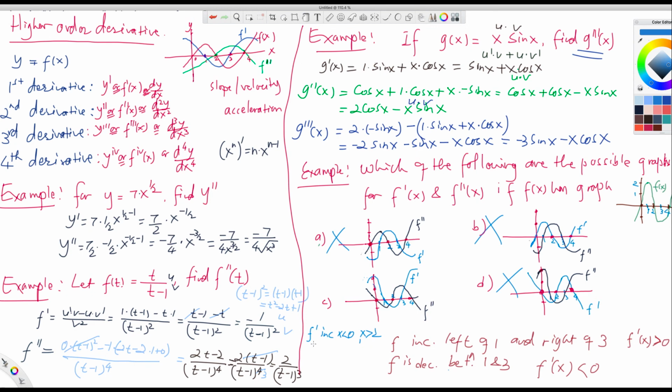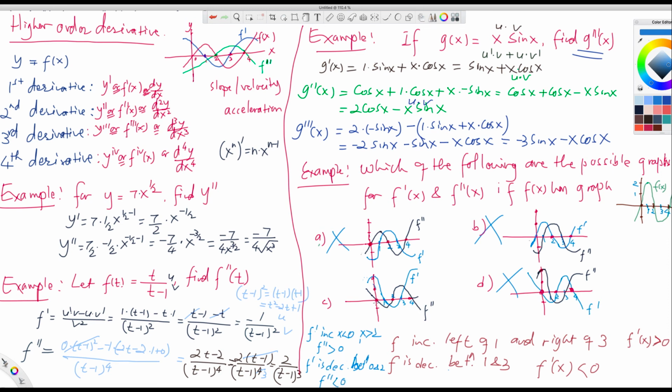And in this case, its derivative, meaning f double prime, must be positive. And f prime is decreasing between 0 and 2. So in this case, its derivative, f double prime, must be less than 0, right?